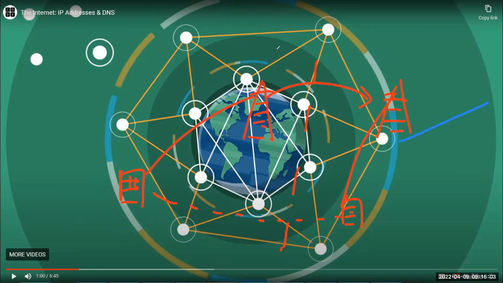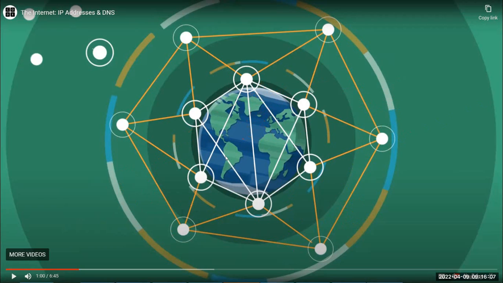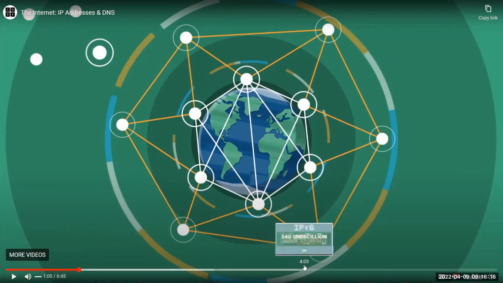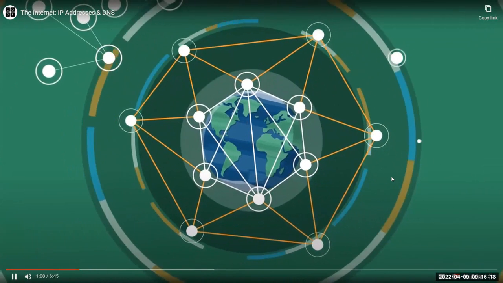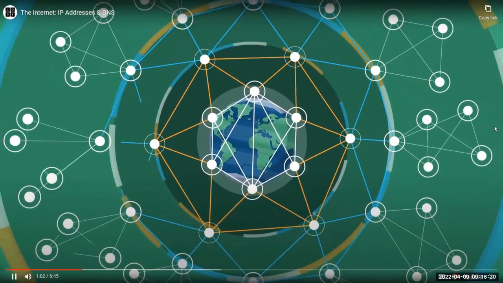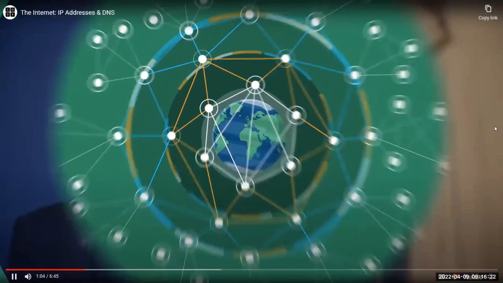Okay, something like that. So that is actually different networks using different ways to connect your device. Okay, so here we are talking about from the ISP getting out to the internet, through hundreds of thousands of networks that are all interconnected.